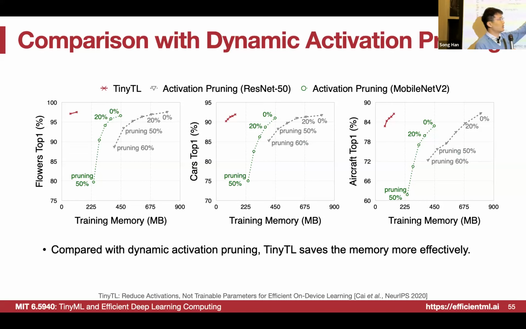But TinyTL is actually surpassing these different techniques by using light residual learning and the bias-only update. The light residual learning is very similar to the later technique called LoRA, which we learned to fine-tune language models. It just uses a very lightweight residual branch to add capacity without adding too much memory.